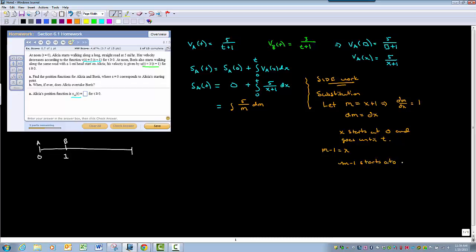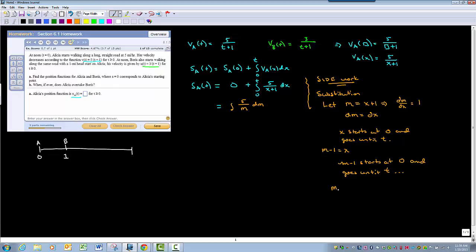Which means m minus 1 starts at 0 and goes until t.